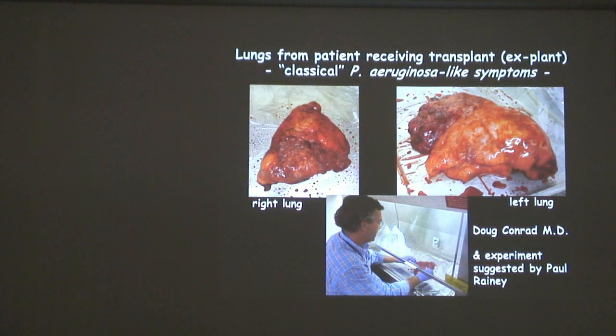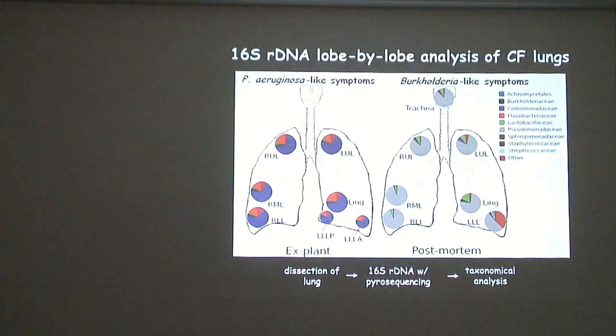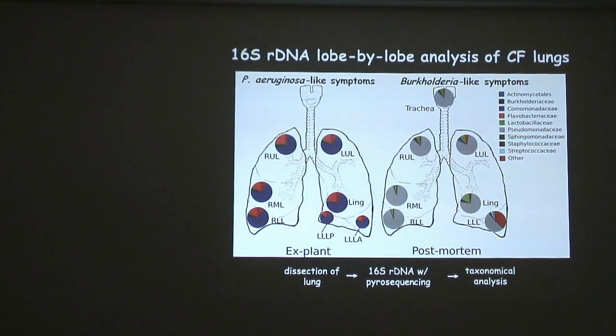And what we're doing here, in this study, is going into the lungs, basically sterilizing them, and then dissecting out different parts of each lobe. So we're going to work at the lobe level now. And when we take the DNA samples and look at the different regions of the lung using 16S, it's very similar to what we saw in the gut.